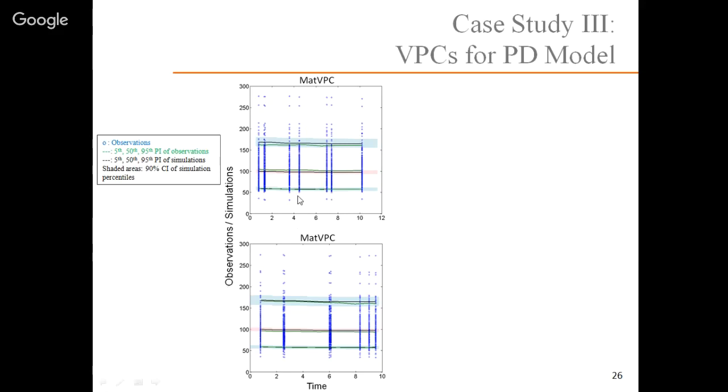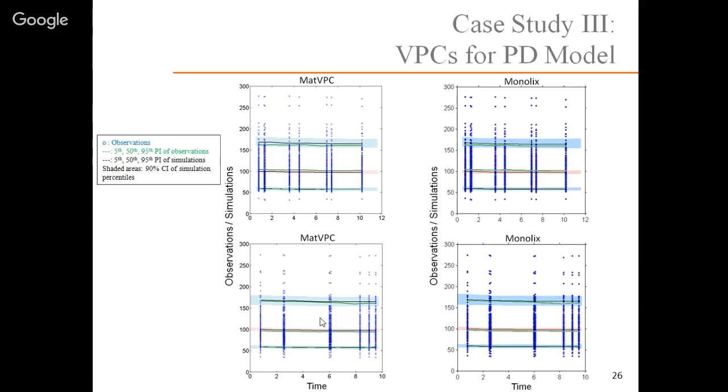So the reason we have two VPC plots is because, as I mentioned, we assume we have two different studies with different sampling points. Therefore, you see that the observation time points in the top plot and in the bottom plot were different.